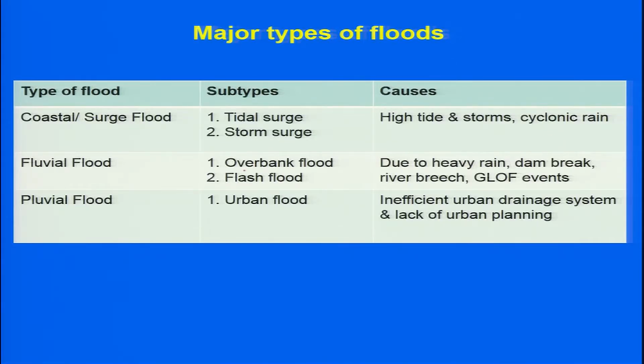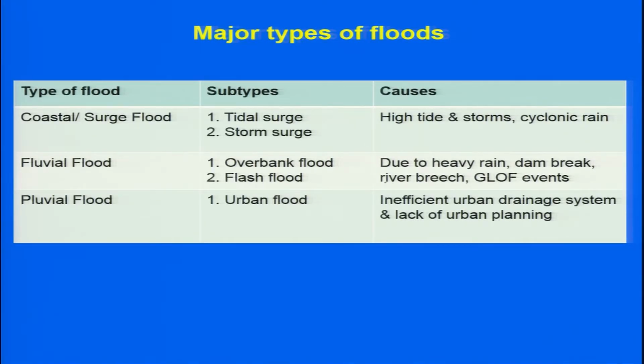Fluvial floods are mostly what affect the overbank areas. So, overbank floods or flash floods. A flash flood can be due to a cloudburst, and it can also be due to heavy rain or the breaking of a dam, either naturally built or artificially built by humans.